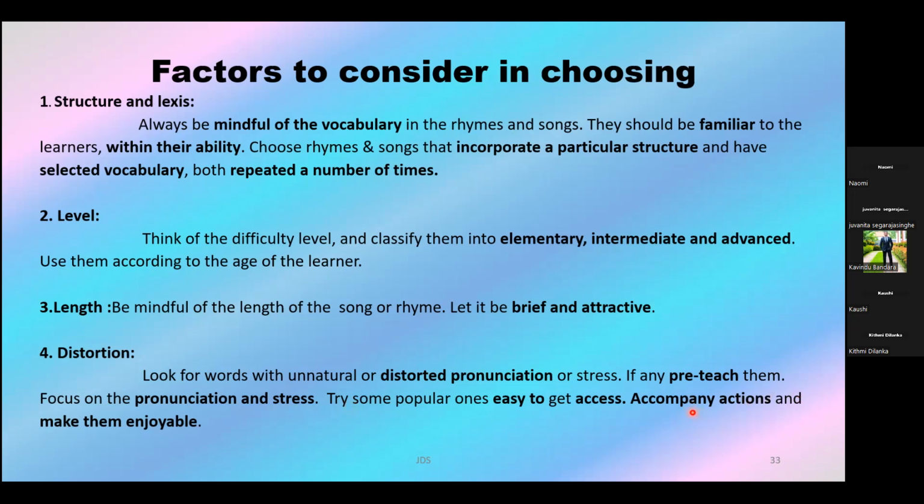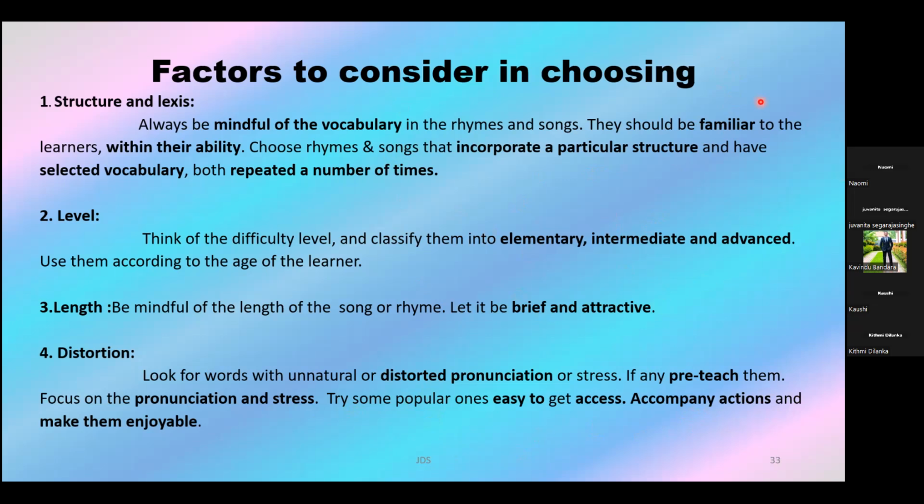Try to accompany actions so that it will be more meaningful and relevant. So the whole intention is to make them use the language in realistic context. So that is why we are focusing on all these factors.